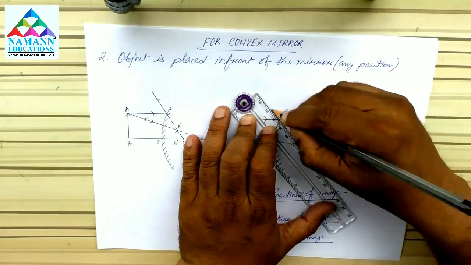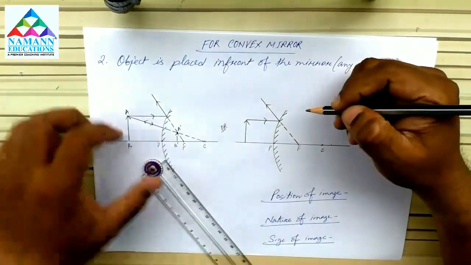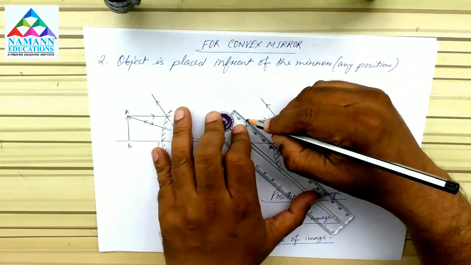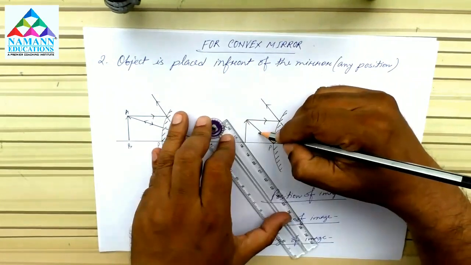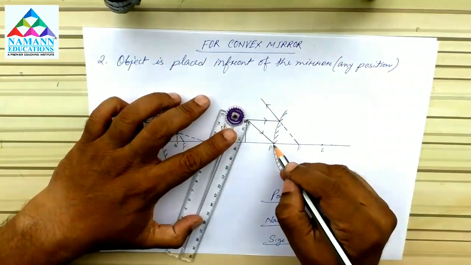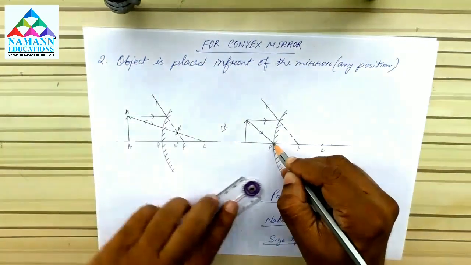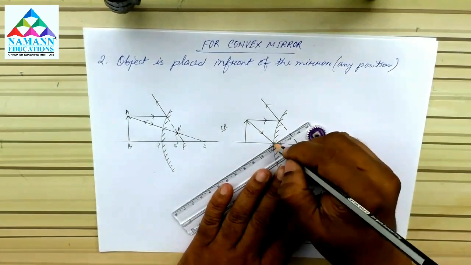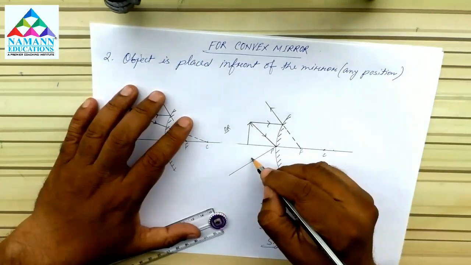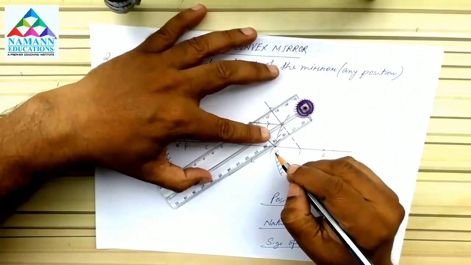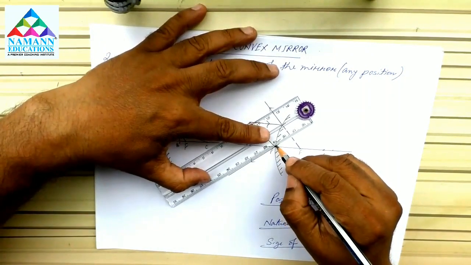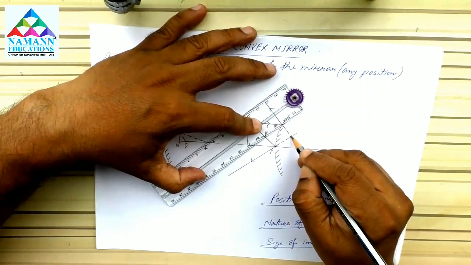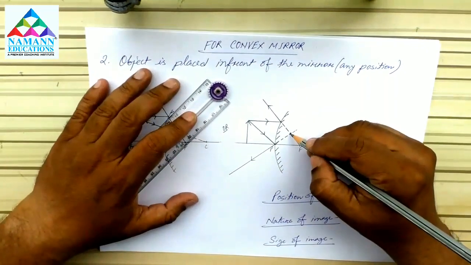And we can consider another ray which is incident at pole. It reflects symmetrically. So these two angles should be equal. And if we produce this reflected ray back, it intersects at this point. So these reflected rays appear to diverge from this point.